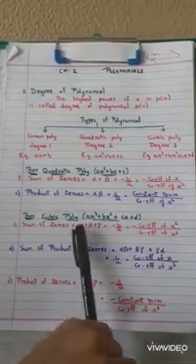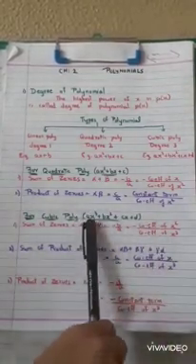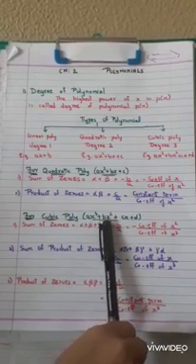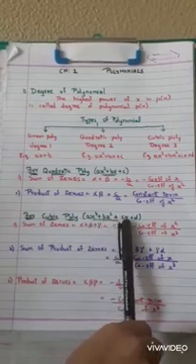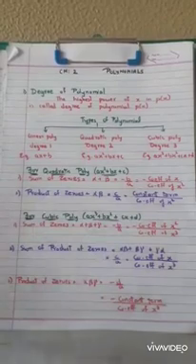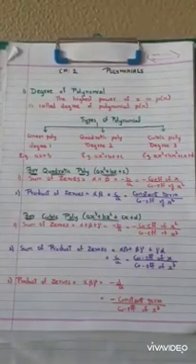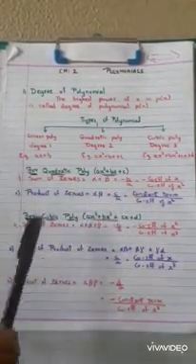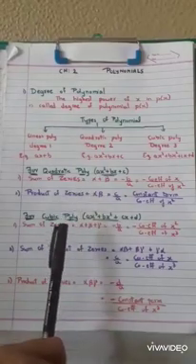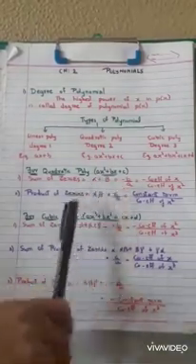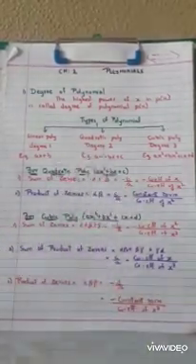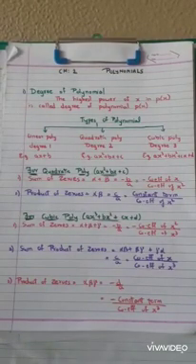Similarly, for a cubic polynomial, the coefficient of x cube is a, of x square is b, of x is c, and the constant term is d. So for a quadratic polynomial, the formula to find the sum of zeros, alpha plus beta, is minus b upon a.